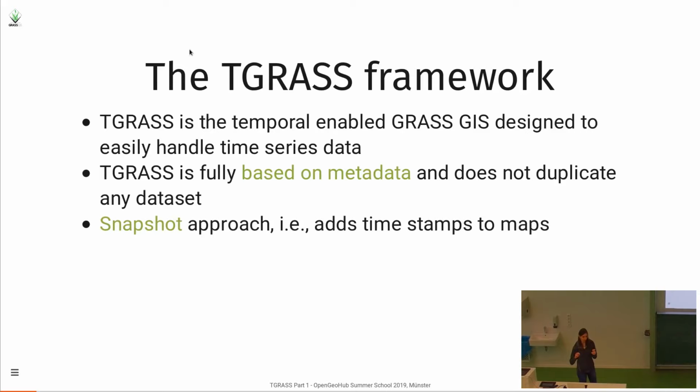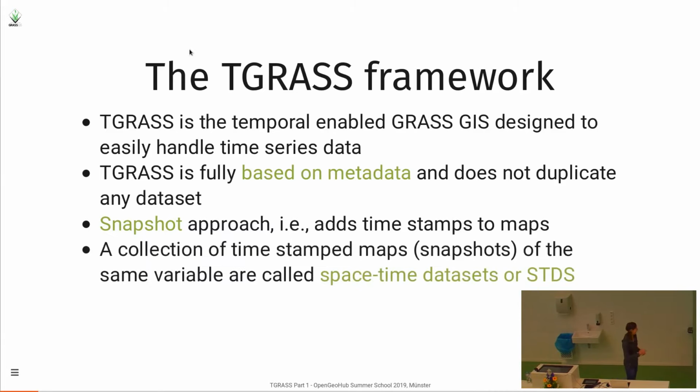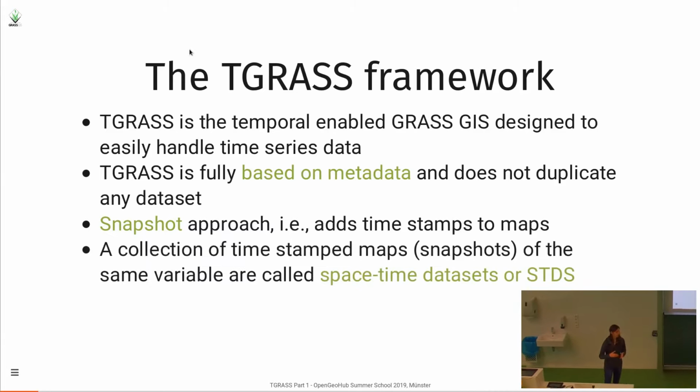What we add, this approach is called snapshots. So what we do is basically add a timestamp to the maps that we already have in our GRASS data, in our folder. And then a collection of timestamped maps, of these snapshots, is called a space-time dataset.